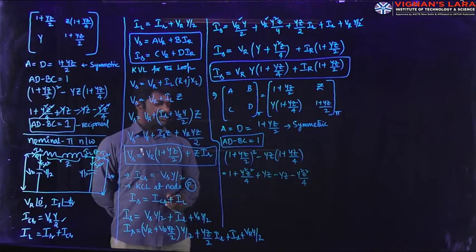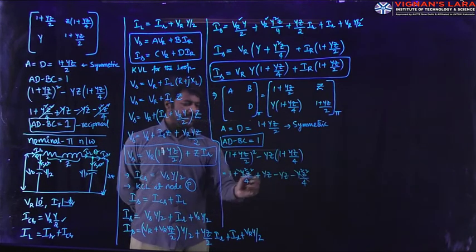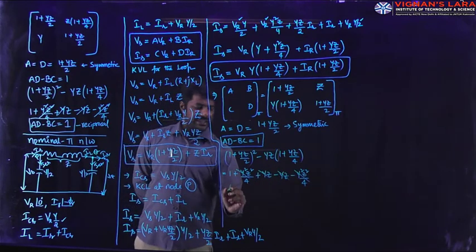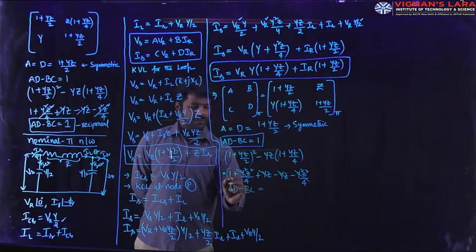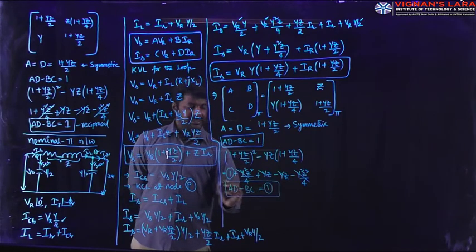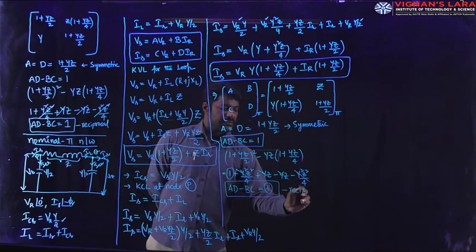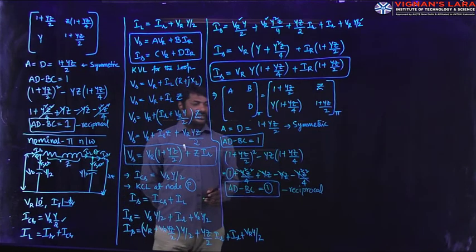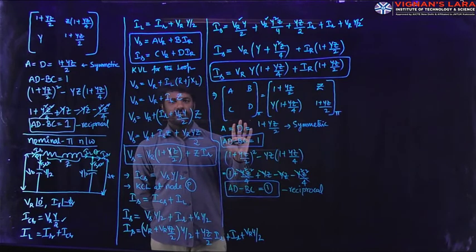In the process of simplification, you can observe that the plus and minus terms get cancelled, plus yz minus yz get cancelled, and thereby AD minus BC is equal to the 1 left over. Then I can say that this pi network is also a reciprocal network.